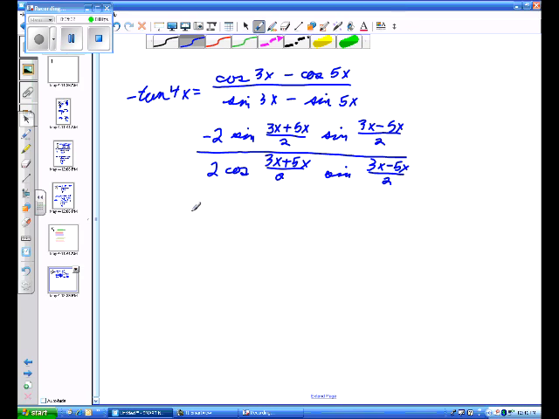Now if we go through and simplify, we have negative 2 times the sine of 8x divided by 2, which is 4x. Here 3x minus 5x would be negative 2x divided by 2, so that's negative x.